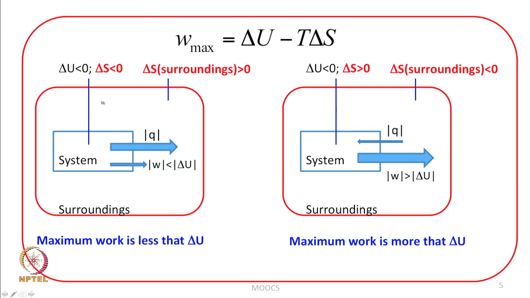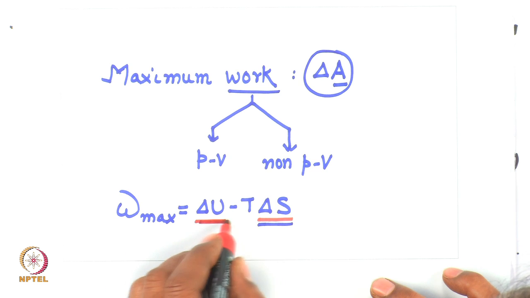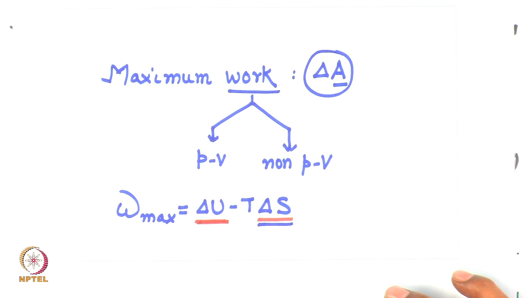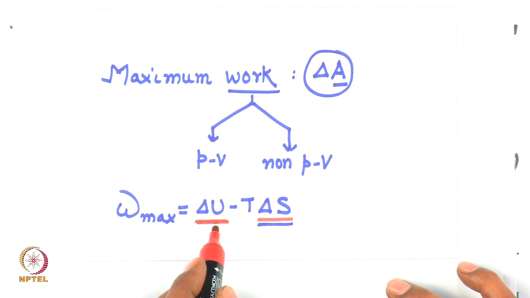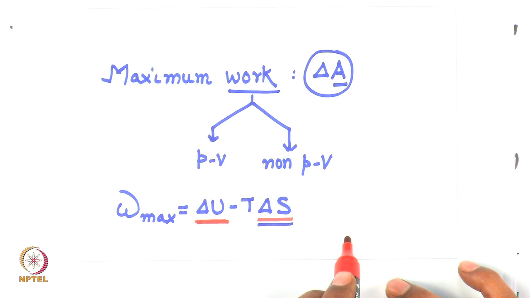So, how will this entropy of the surroundings increase? Whatever is the negative change in delta U, a part of that change in internal energy can enter the surroundings in the form of heat and generate enough disorder.